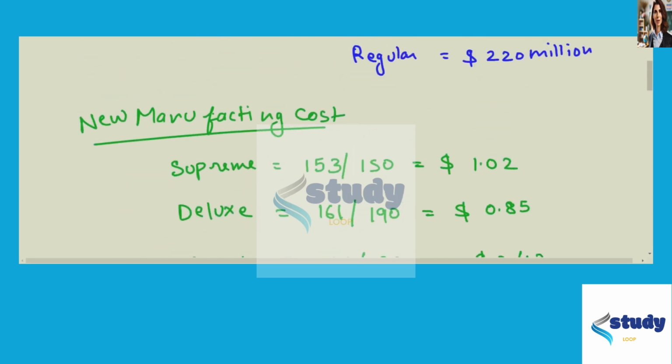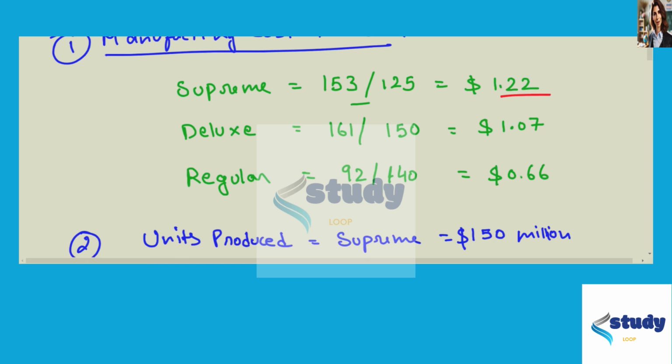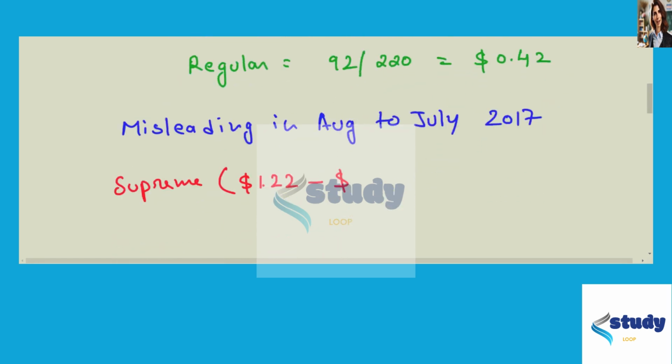In the first case, the manufacturing cost per unit for Supreme was $1.22 minus, in the second case, we have calculated $1.02.